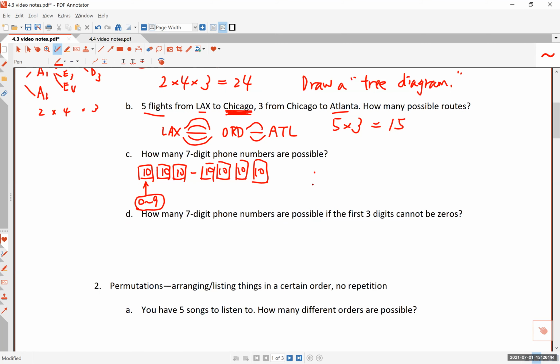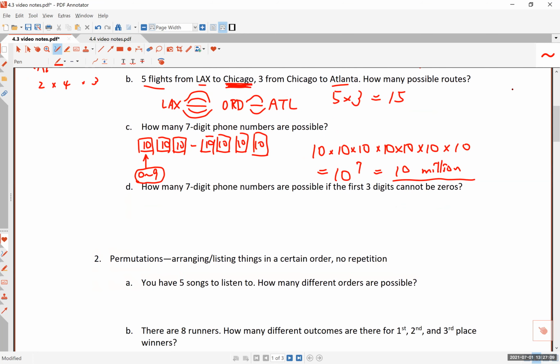So it turns out to be 10 times 10 times 10, you basically had 7 tens multiplied together. We write that number as 10 to the 7th, as you know. And so this is 10 million. Now notice here, I do have 10 million possible phone numbers, but in reality, they are not going to allow numbers like 0000000, or 9999999.